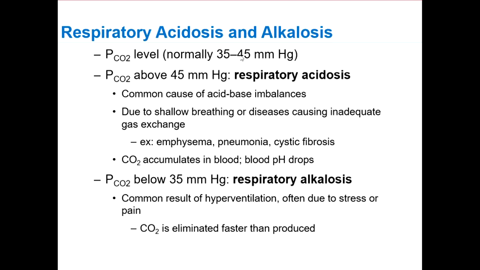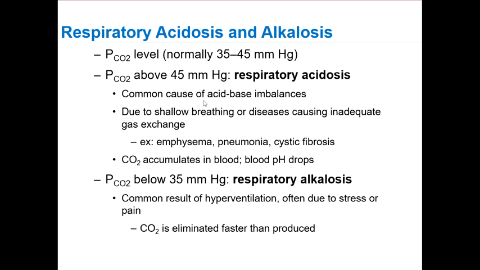And that's an easy number to remember because recall the normal pH level in our arterial blood is 7.35 to 7.45, and here we have partial pressure of carbon dioxide at 35 to 45. So it worked out nicely that way. If our partial pressure of carbon dioxide is above 45, it's respiratory acidosis.